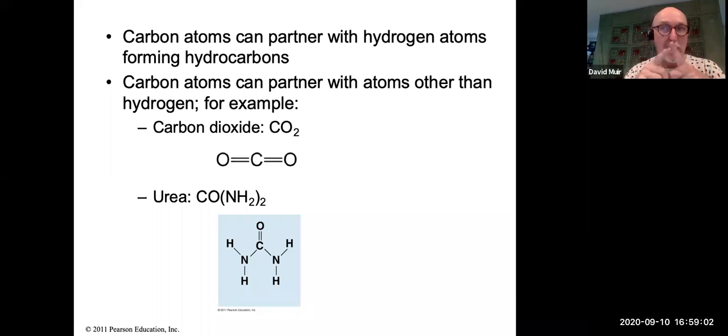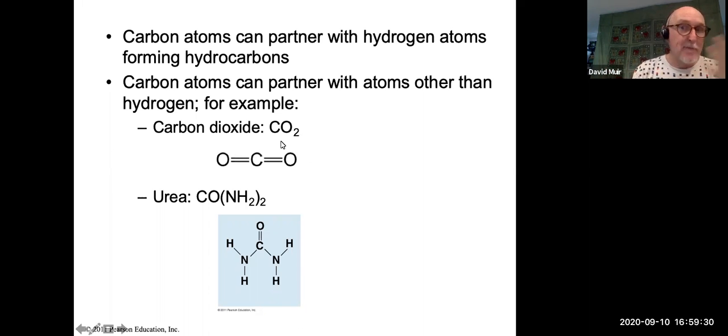It's not just 2 carbons, 6 hydrogens. It could be 1,000 carbons and all of their attendant hydrogens. And those are organic compounds. All of our fossil fuels, they arose in living things. So there is an example where living things are creating these very long molecules just composed of carbon and hydrogen.